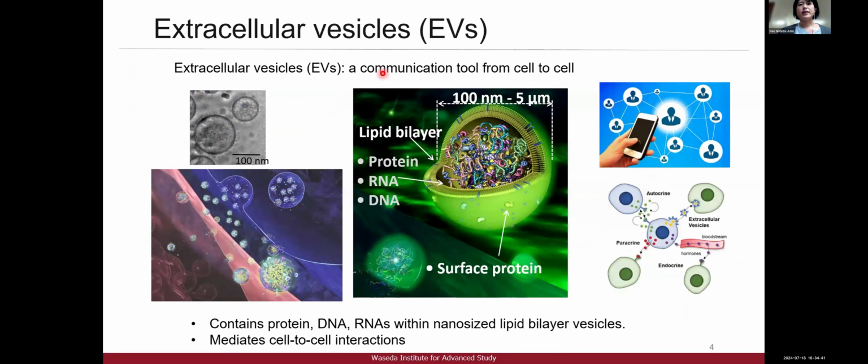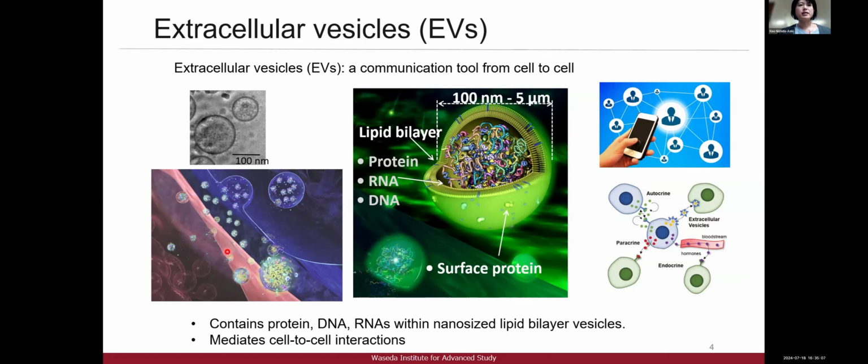Extracellular vesicles, or EVs, are nano-sized bubbles with a round shape, from almost 100 nanometers to 5 micrometers in diameter. They are lipid bilayer vesicles, and within these vesicles they contain cellular components like proteins, RNAs or DNAs.